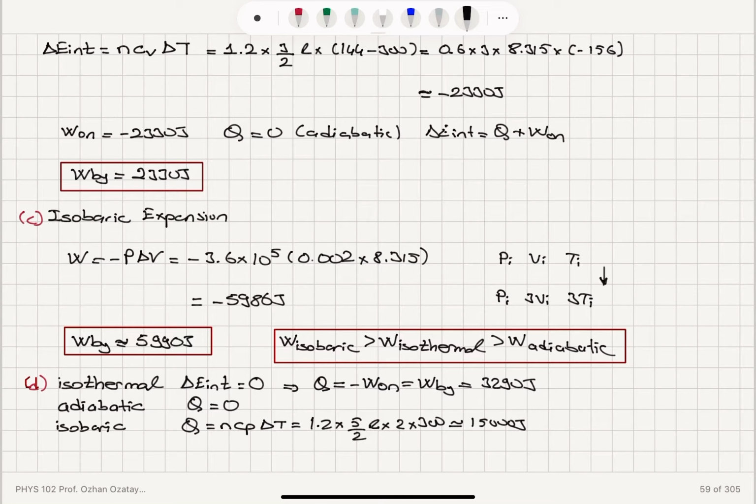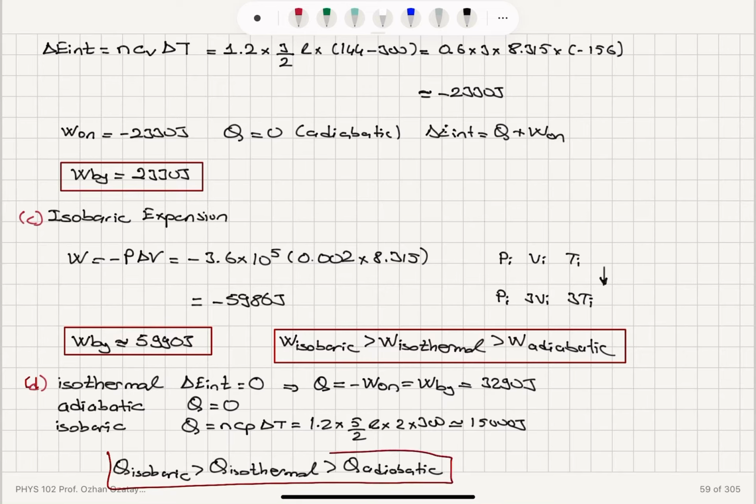So comparing the heats added to the system, the maximum one is isobaric. The heat added in the isothermal process is less, and heat added in the adiabatic process is least. It's basically by definition 0 heat added in this process.